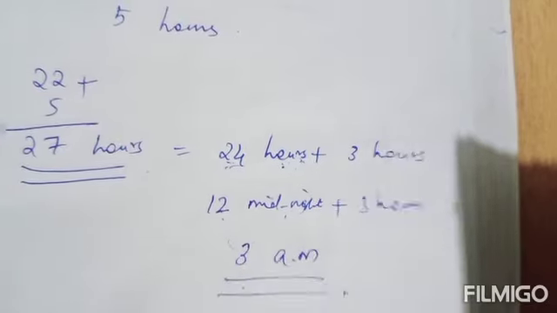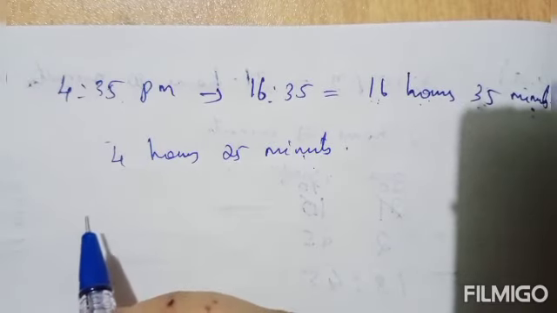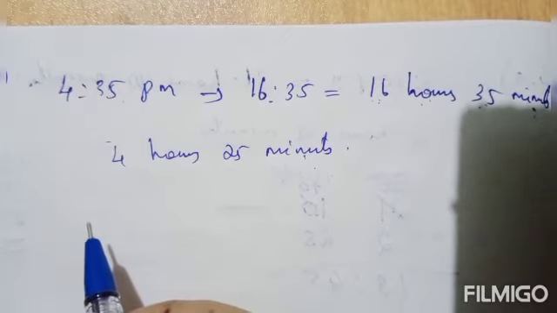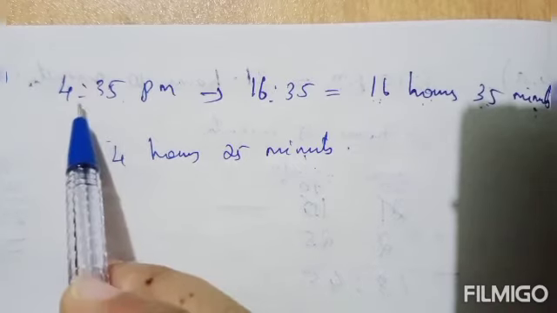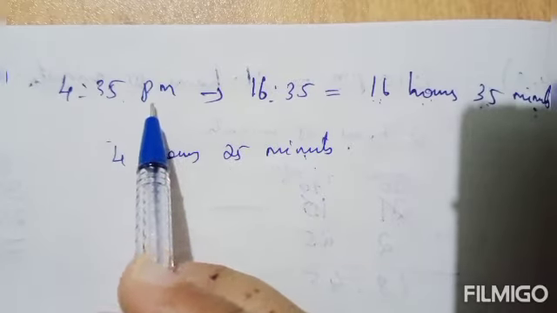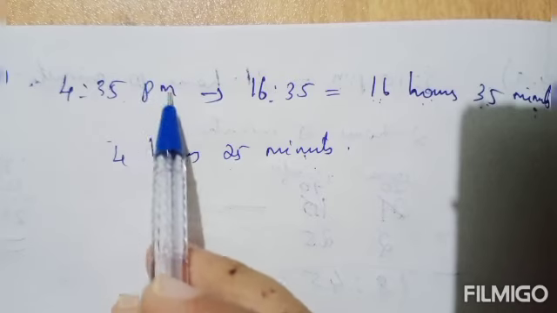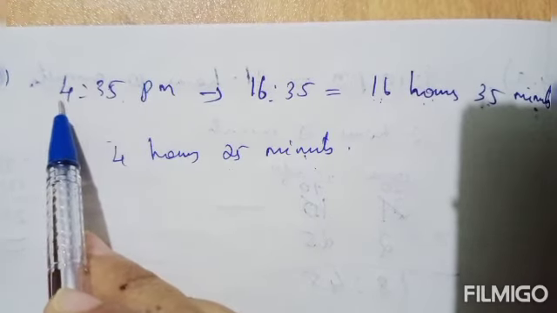Okay, next C, what time was it 4 hours 25 minutes before 4:35 PM? We have to find that. So let us write 4:35 PM in 24-hour clock time. The given time is in PM, so you just add 12 to this time.